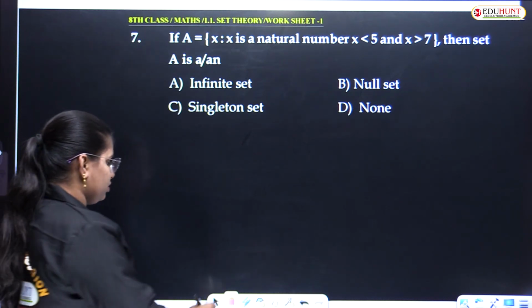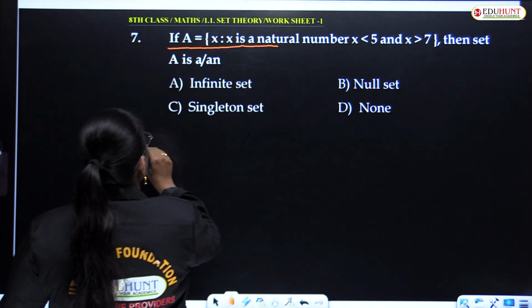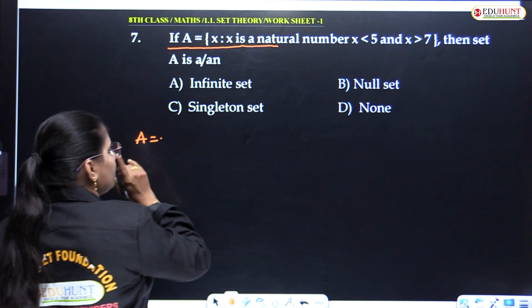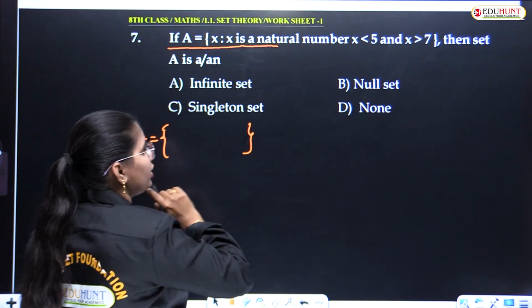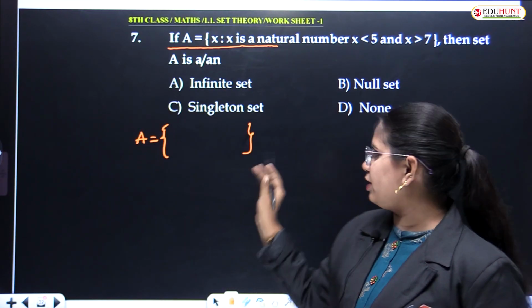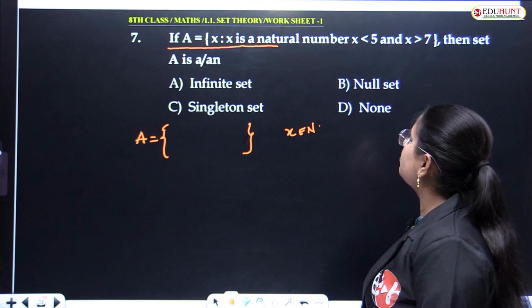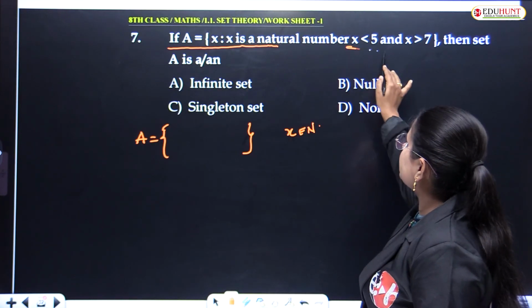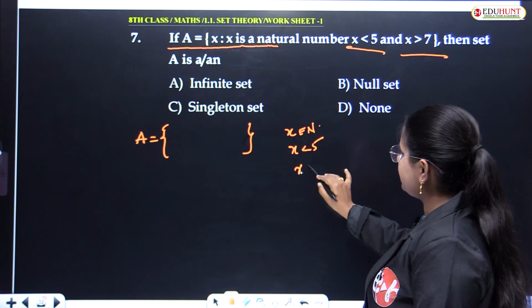Next question. So what is my next question? Consider a set A where x is a natural number. I am writing all my conditions here. x should be a natural number. x is less than 5 and x is greater than 7.